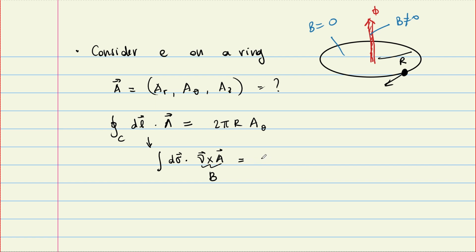It is the total flux, right? Then combining these two, what we find is A theta is equal to total flux divided by 2 pi r.